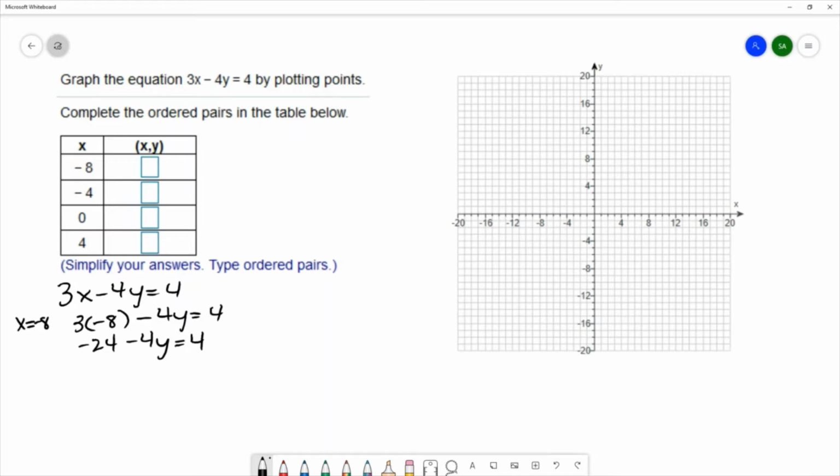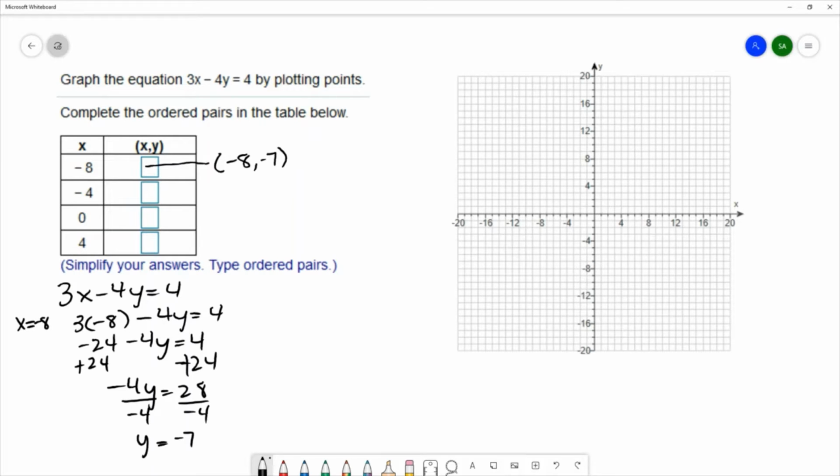Now I want to solve for y by adding 24 to both sides. That's -4y equals 28. I can divide both sides by -4 to get y equals -7. So the ordered pair that goes with an x value of -8 is -8, -7.